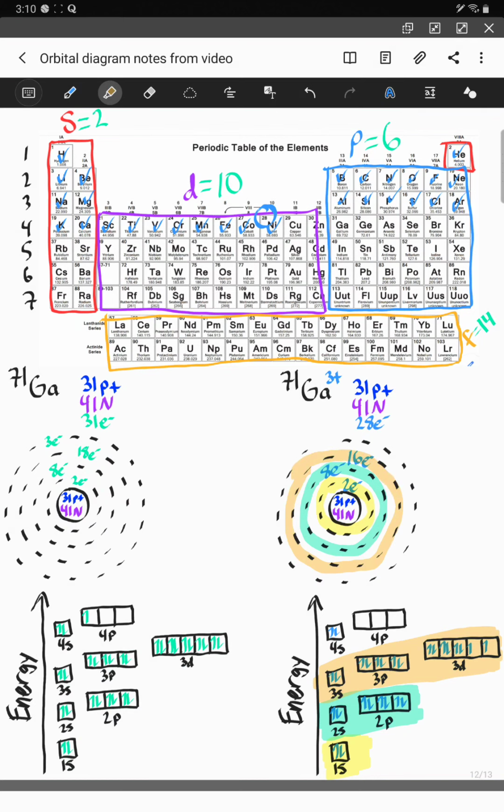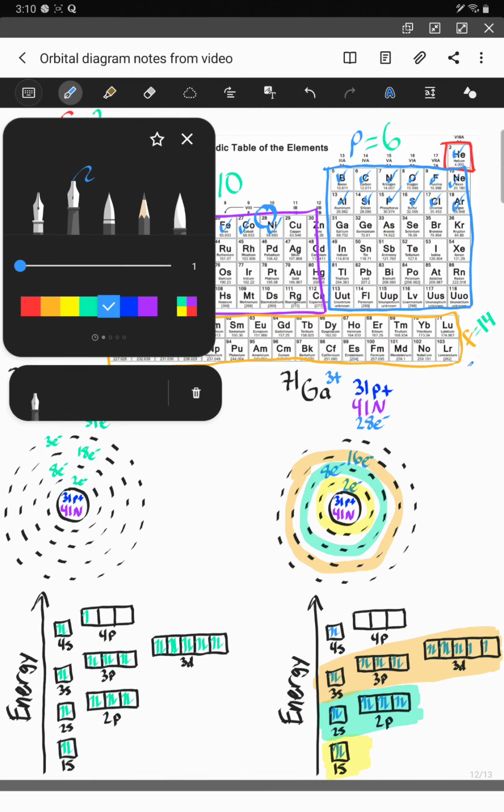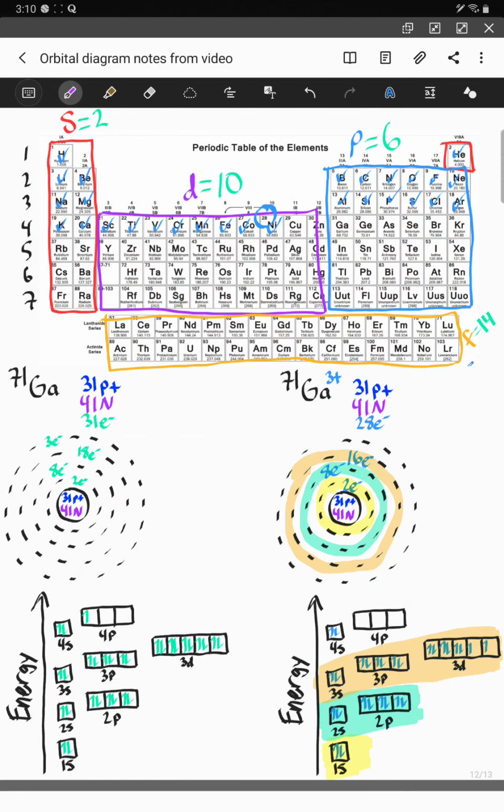So the third energy level has 16 electrons because we had 16 arrows drawn on the orbital diagram. And then lastly, on the outermost shell, I am going to have, looks like we have, wrong marker.